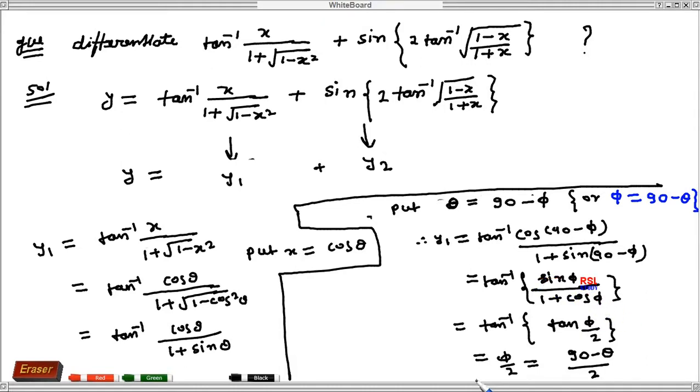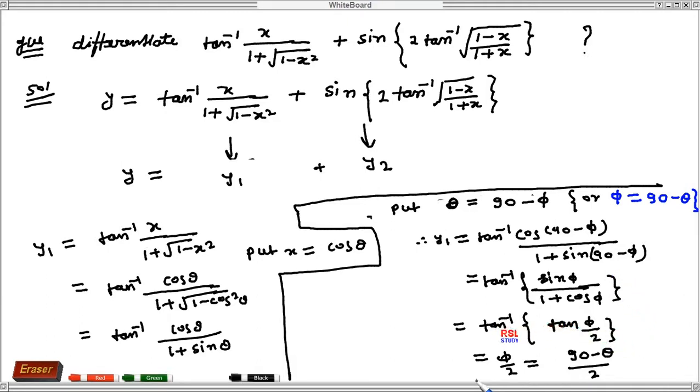And sine phi can be written as 2 sine phi by 2 into cos phi by 2. So cos phi by 2 from numerator and denominator will be cancelled, and 2 will be cancelled. So in the numerator there will be sine phi by 2 and in the denominator cos phi by 2. So sine phi by 2 by cos phi by 2 will be tan phi by 2.